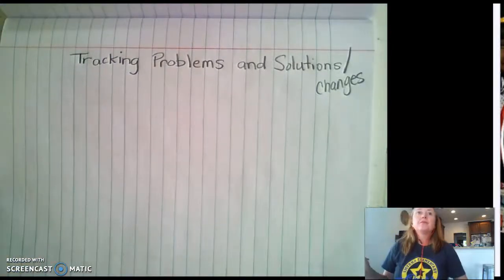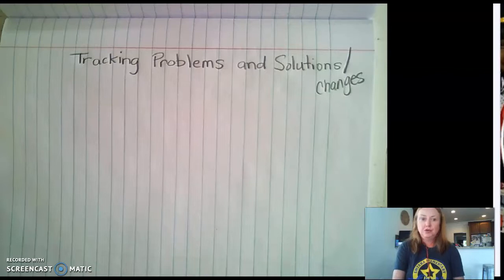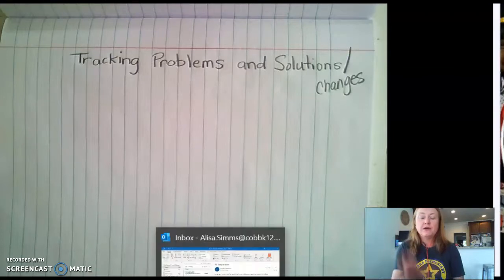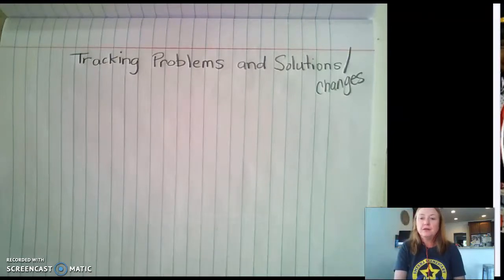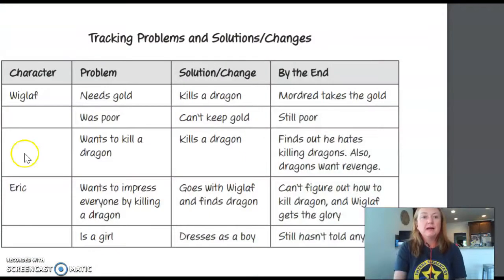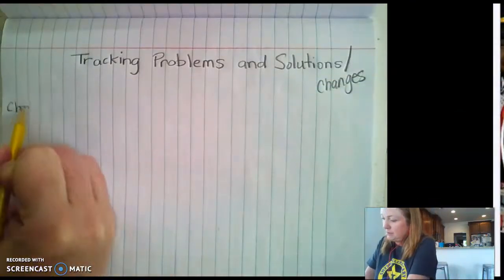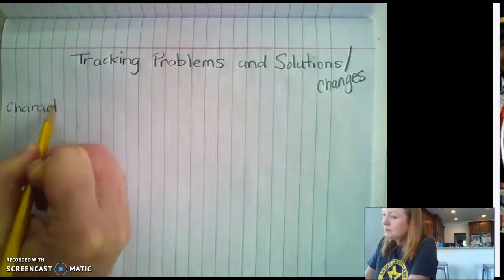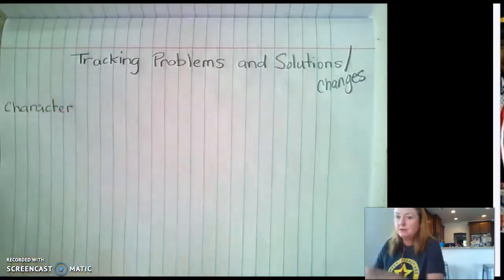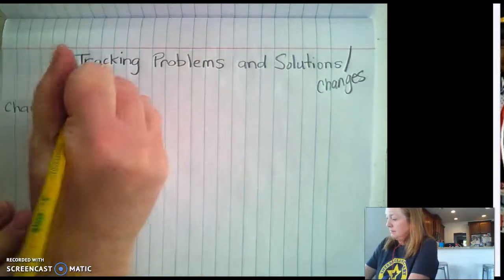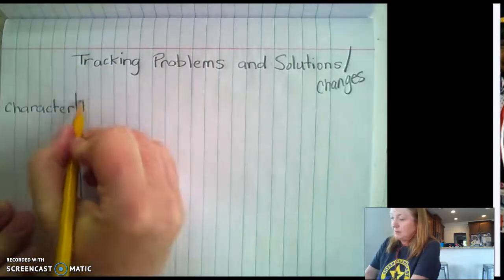Now, I know that we need to have some titles for each column. Let's see. Okay, we've got the character, the problem, the solution or change, and then by the end. So let's go ahead and do that. Okay, we need a space for the character. We need a space for the problem.